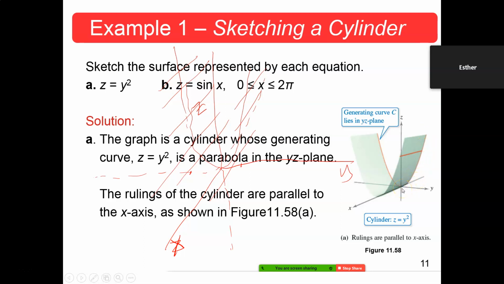And the scalings, the markings there, are these things parallel to the x-axis. There's one they've shown there. You could show a whole passel of them in both directions, and that would be your cylinder. Okay, parabolic cylinder.